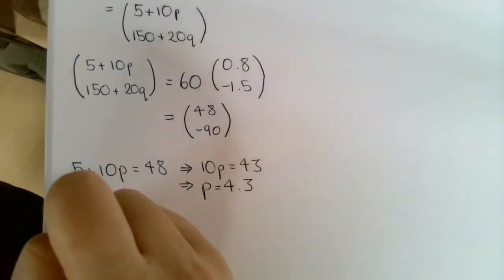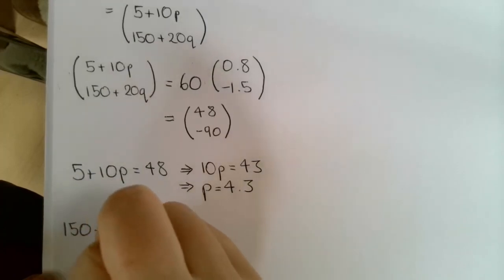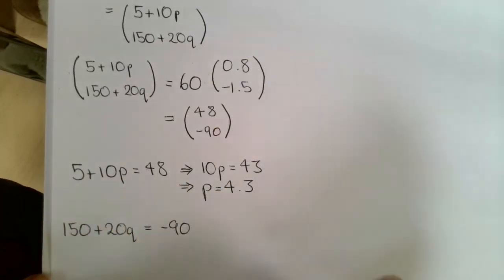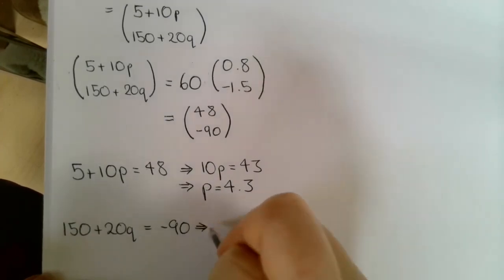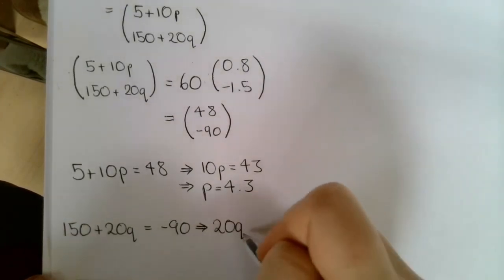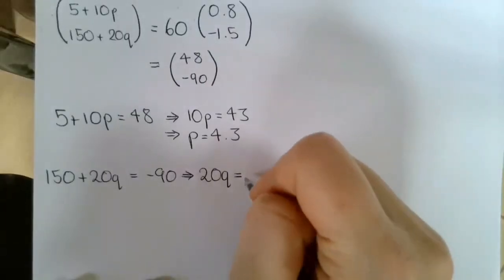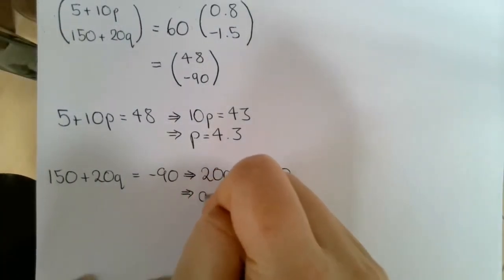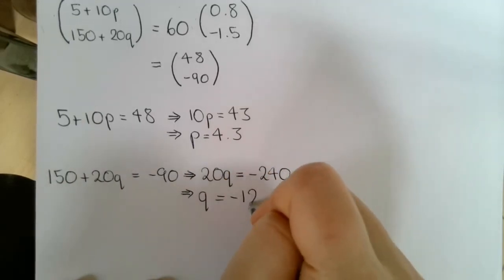For the bottom row, we've got 150 plus 20q is equal to negative 90, which means that 20q is equal to negative 240, which means that q is equal to negative 12.